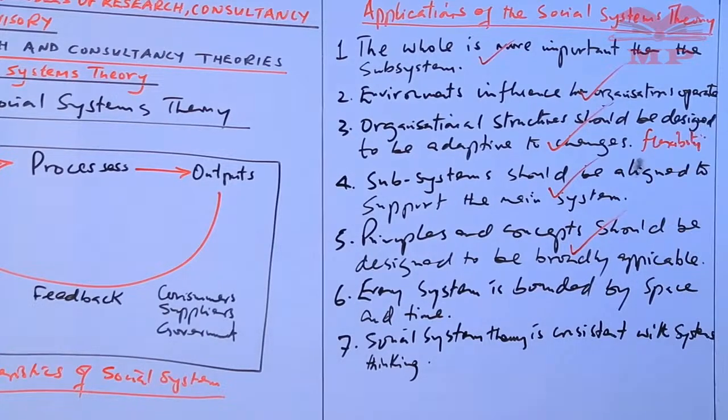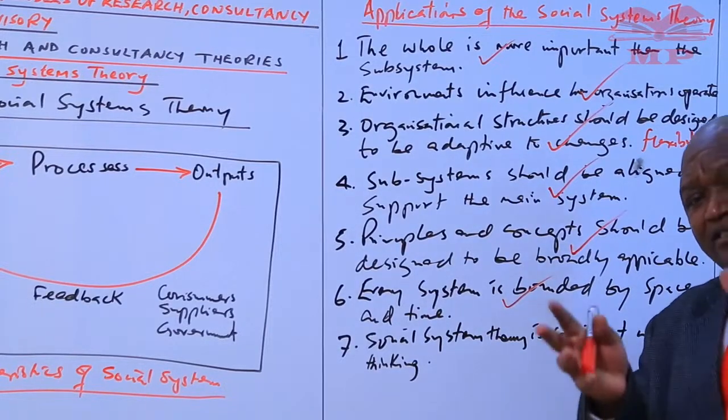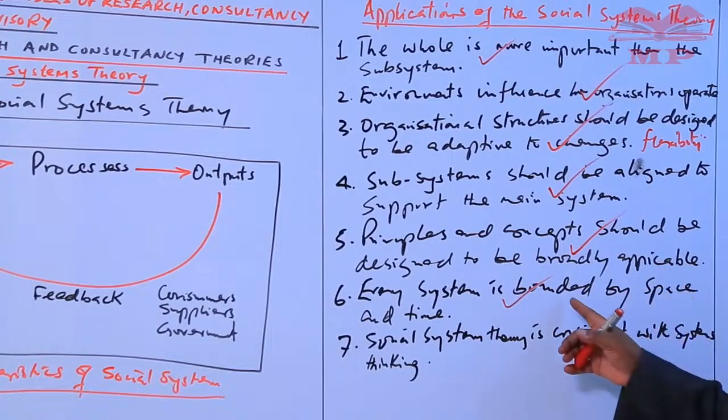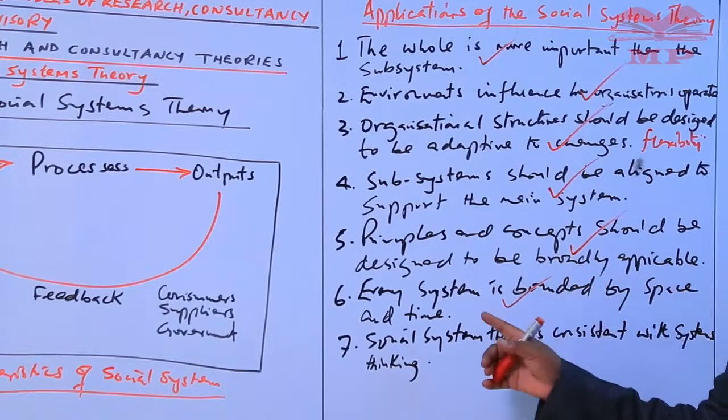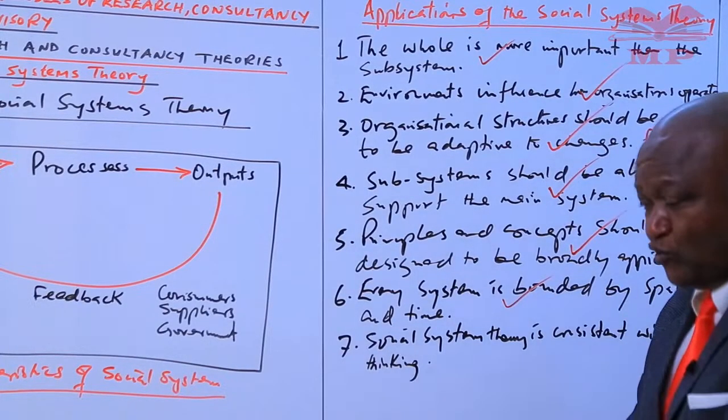Then number six, every system is bounded by space and time. Whatever system an organization has, whether it is an open system or a closed system, is bounded by space and time. For example, you may have inputs by a particular time, processes must take place by a particular time, outputs must take place.